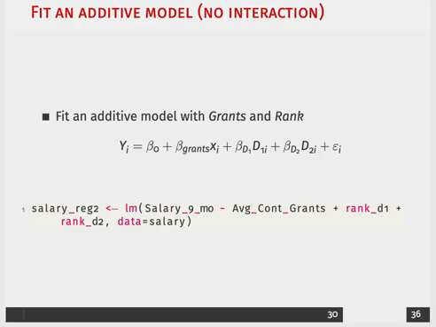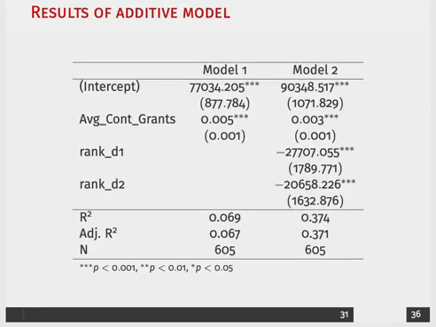Again, we are using an additive model, so we're just adding our first and second dummy variables for assistant and associate. We can then see the regression output with the estimated coefficients in model 2, the explained variation of these three variables of variation in our outcome salary is much higher than just having grants, which would make sense.